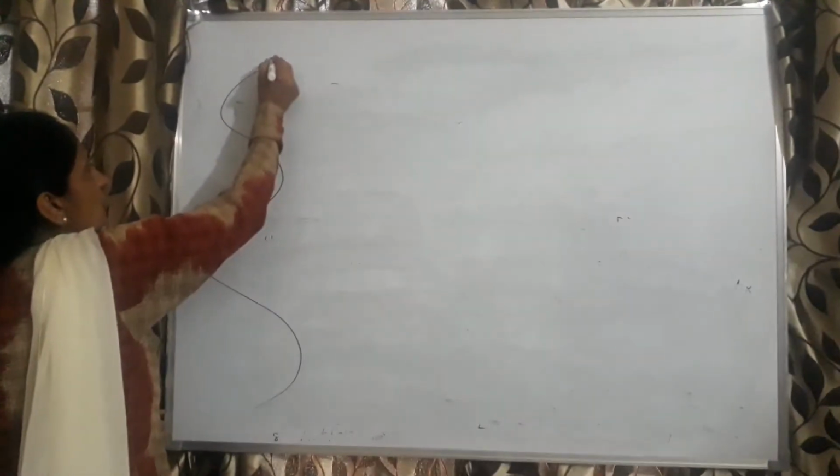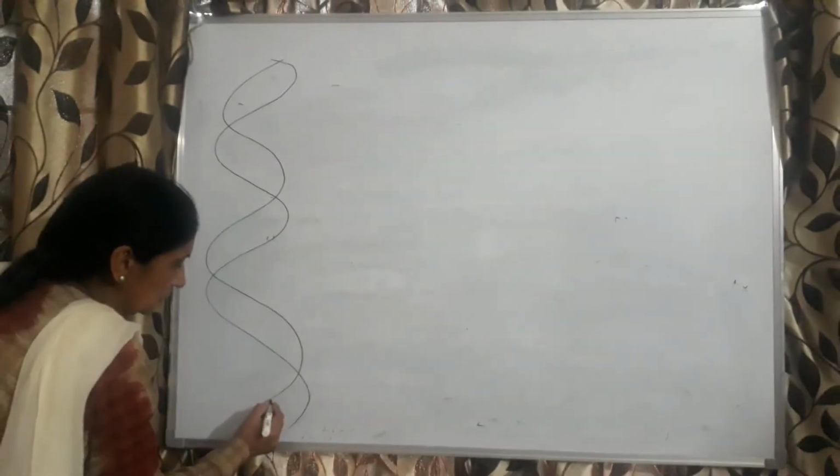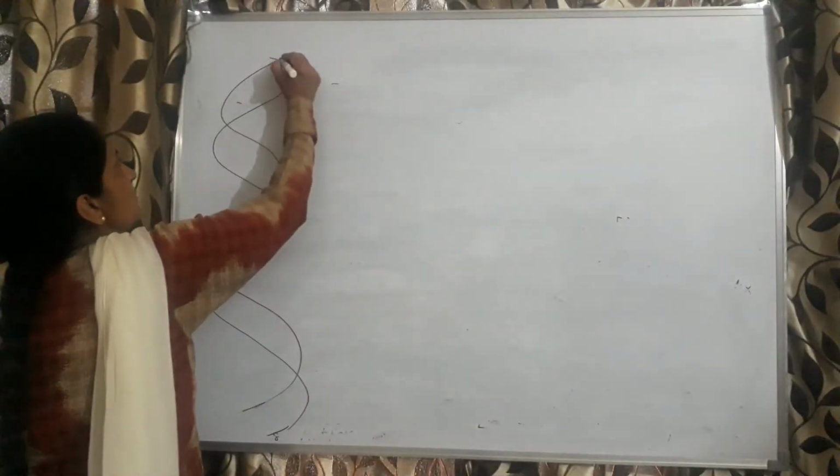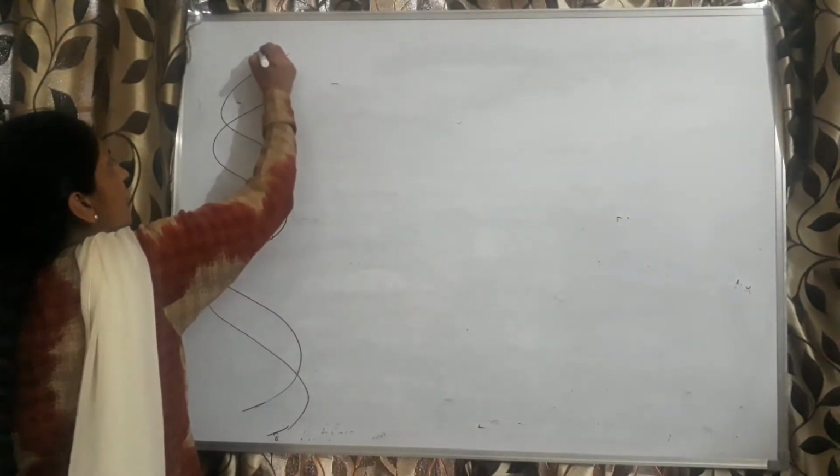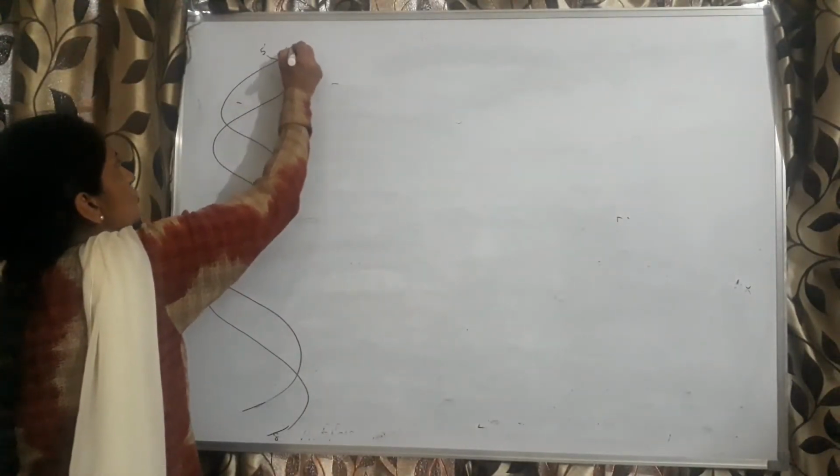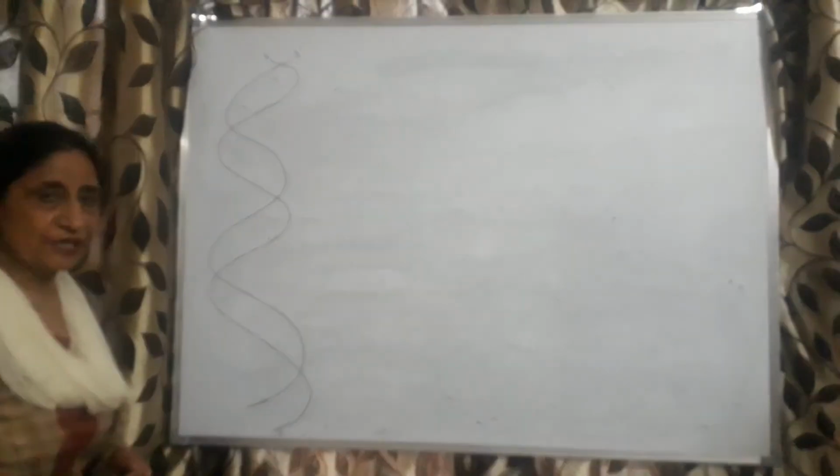The second polynucleotide chain you have to draw parallel to it. As these two chains are anti-parallel, here we are writing 5' and 3'. These are the locations of the terminal carbon. So this is the 3' end, this will be the 5' end, this is the 3' end.